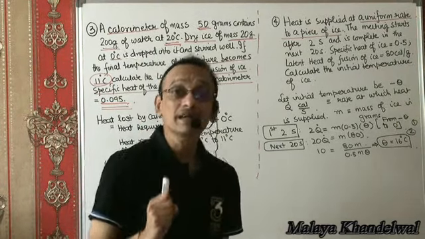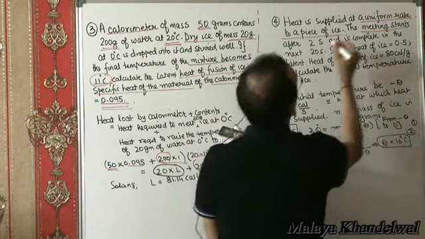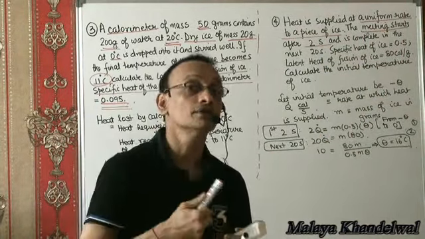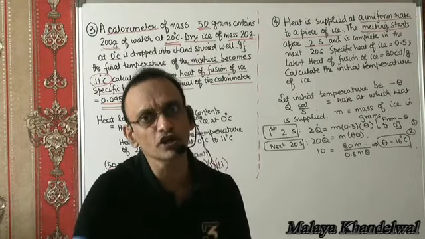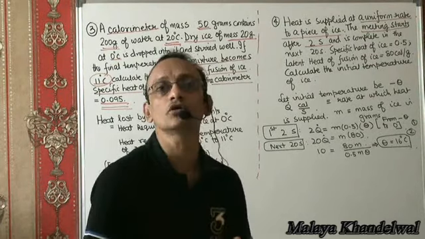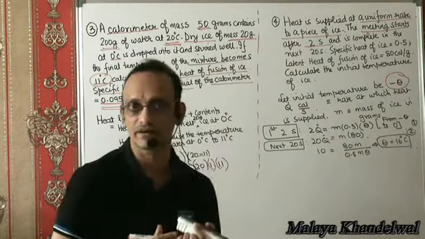Now, the melting starts to happen 2 seconds later. It's given that the melting of ice doesn't happen instantly, it happens 2 seconds later. That means initially the temperature must have been driven to 0 degrees centigrade. Therefore, the temperature must have been less than 0 degrees centigrade, and I assume that the initial temperature was minus theta degrees centigrade, right?